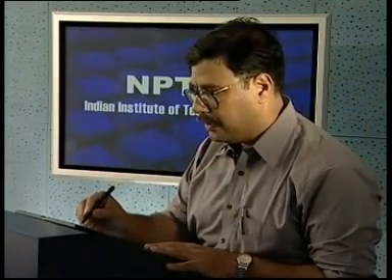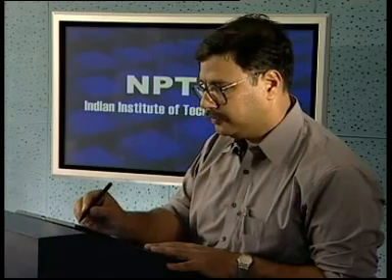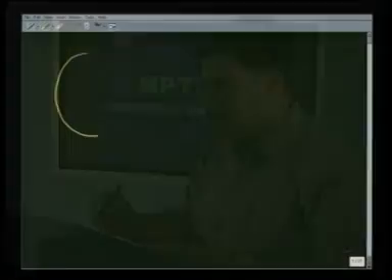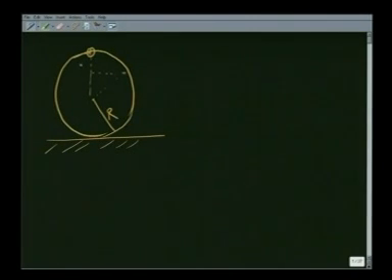As the first example, let us take the case of a bead sliding over a vertical ring of radius r, and I want to know what will be its velocity when it has fallen by a distance x or moved by an angle theta from its initial position.